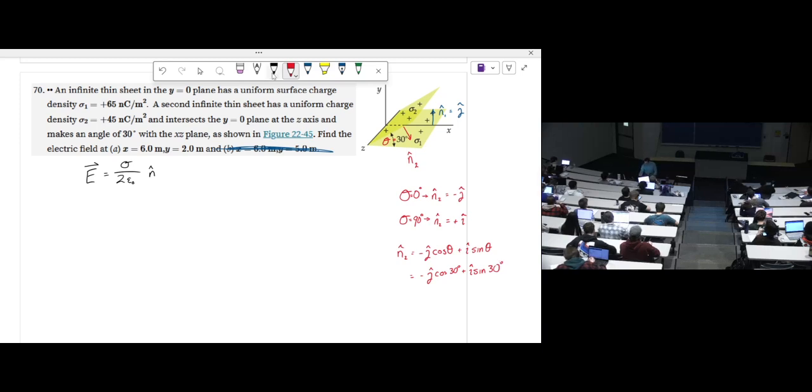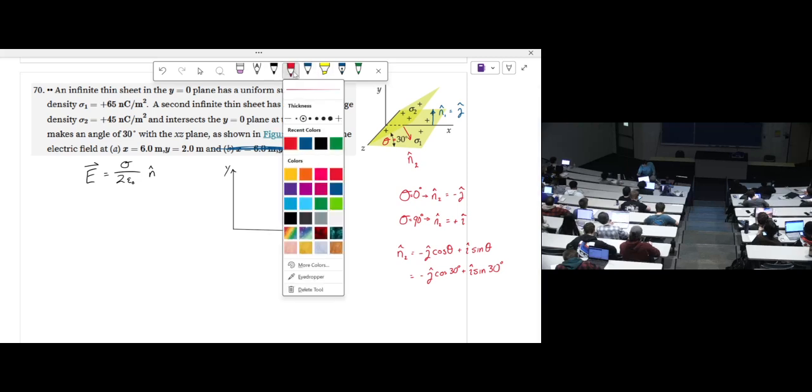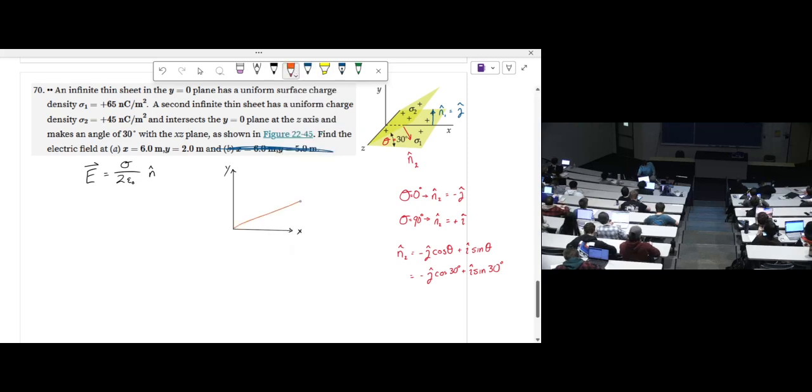You could think of it this way instead if that's a little non-intuitive to you. If you project it onto the x, y plane here, and this plane of charge is going to lie something like this, where this is that 30 degrees, and then this is n2 hat like so, right?